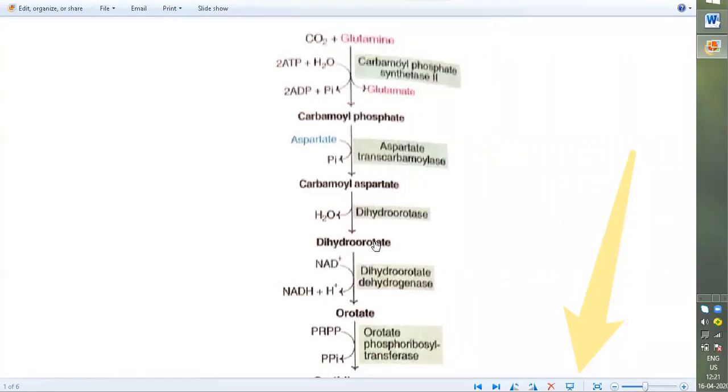If hydrogens are added it is a hydrogenation reaction, but here hydrogens are removed from the structure, so this is called a dehydrogenation reaction. Since dehydrogenation occurs on dihydroorotate, the enzyme is called dihydroorotate dehydrogenase. The released hydrogens are accepted by the NAD coenzyme, converting it into NADH and H plus.